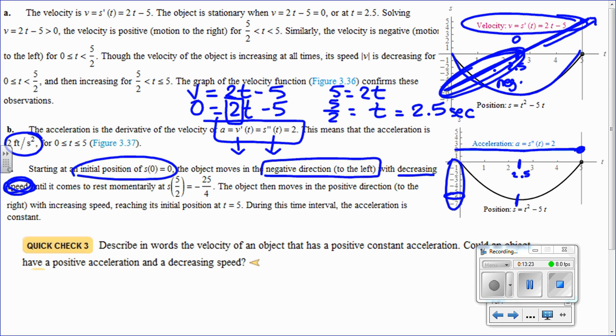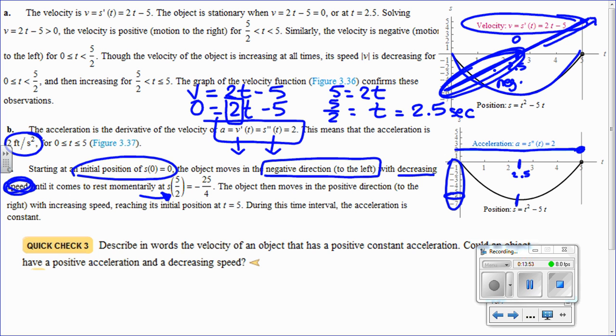What was the question again? Describe the motion. Okay. So now that I know it's speed, from there to there, the speed comes to rest momentarily. So this was at that 2.5, the one that we said was going to change. And then the object moves in the positive direction to the right with increasing speed, reaching its initial position.